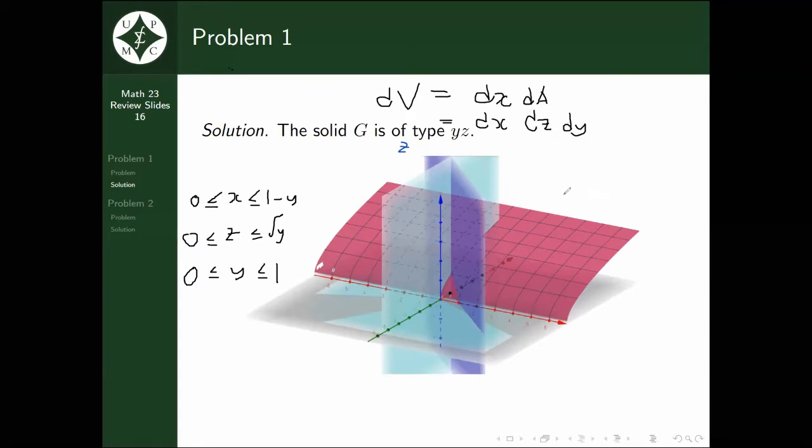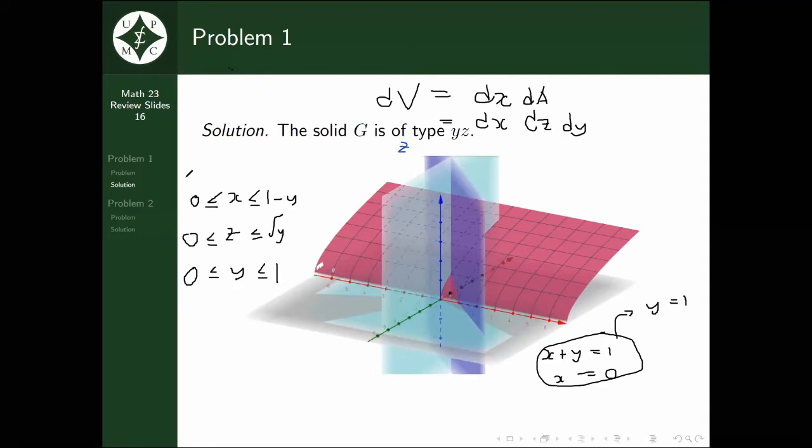But remember that the dark blue plane is x plus y equals 1, and the light blue plane is x equals 0. If we combine both of these, we get the condition that y equals 1 at this black point. So that's how we know that the upper bound is 1 without having tick marks on our graph.